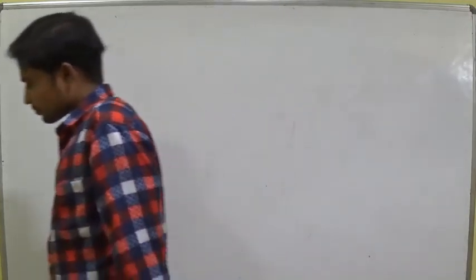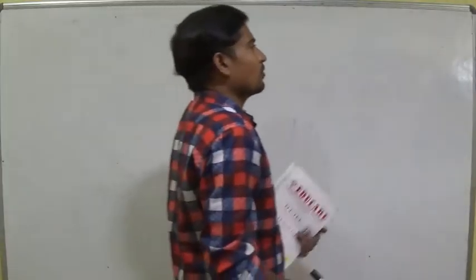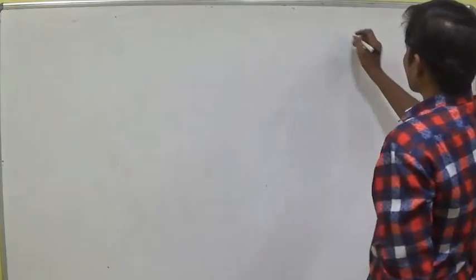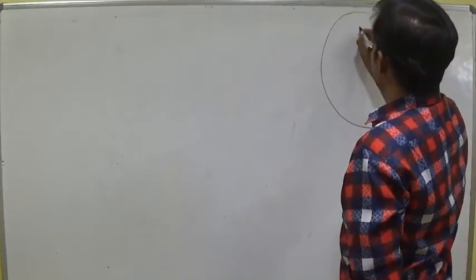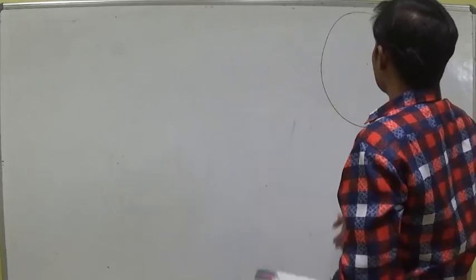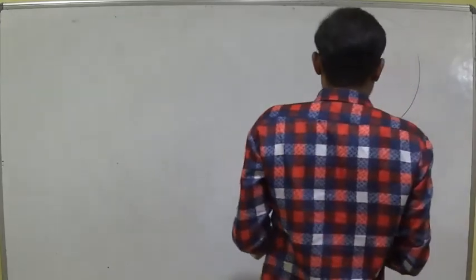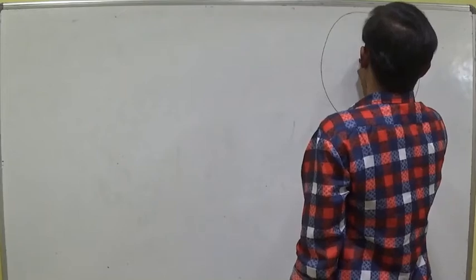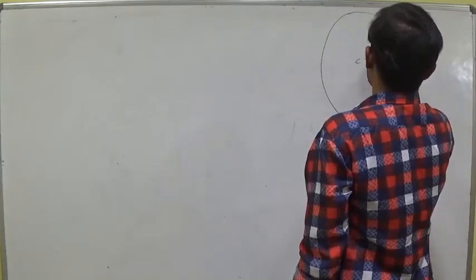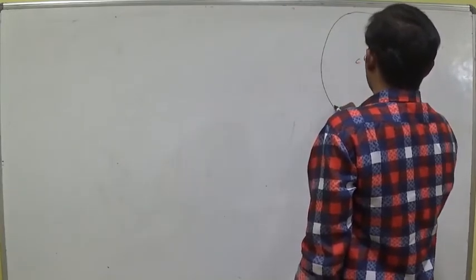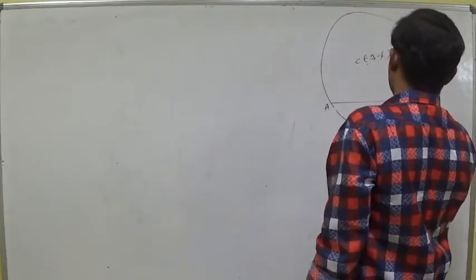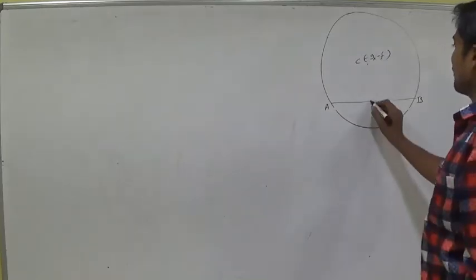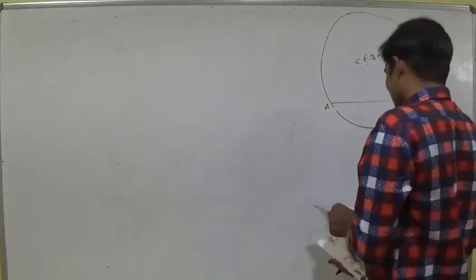Suppose a circle is given here, its center C is minus g comma minus f, and a chord AB is given, and the midpoint is x1, y1 here.